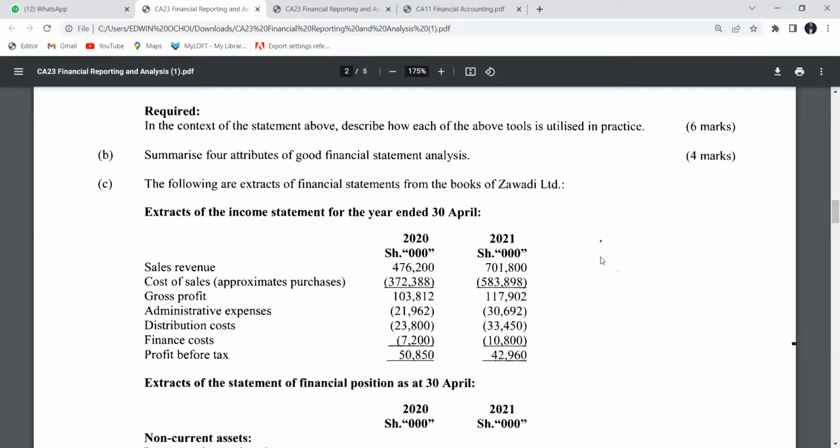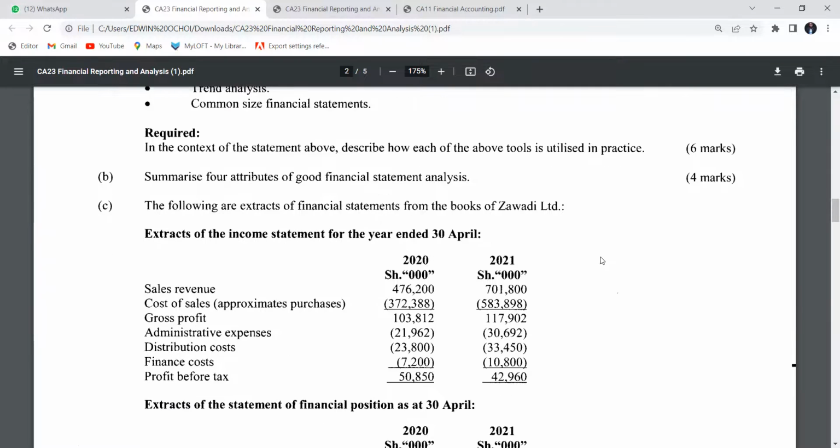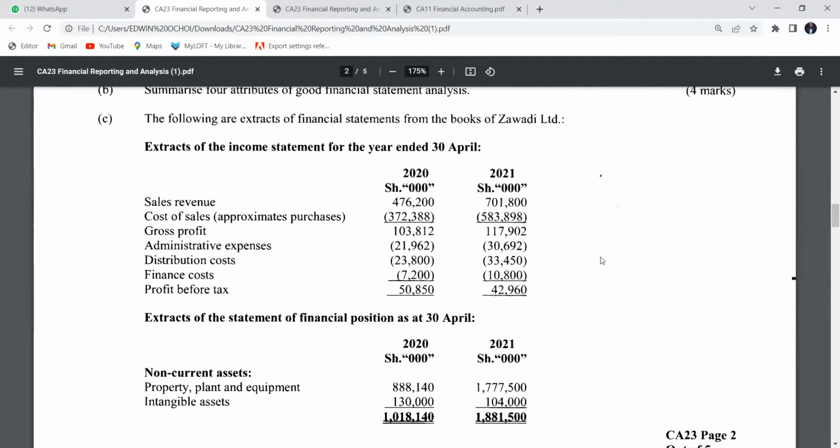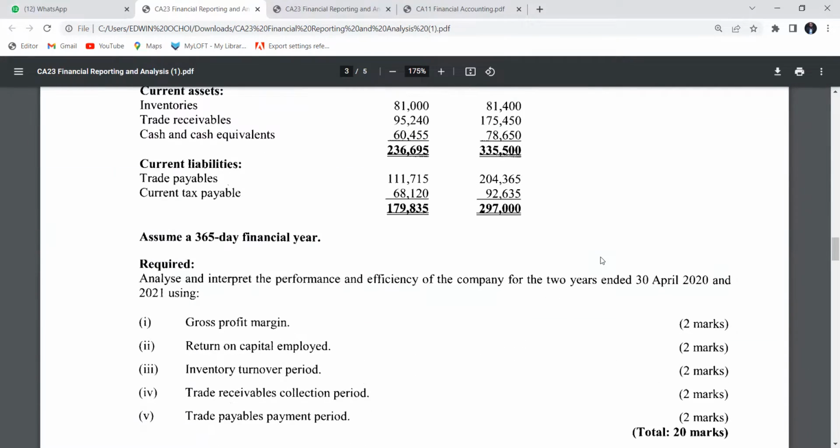Yes, please. So we are doing C. Which means that we have answered the first two, 6 plus 4, that is 10. So now you are ready to get another 10. The following are extracts of financial statements from the books of Sawad Remittance. We have the extract of the income statement for the year ended 30th April 2020 and 2021, then the extract of the statement of financial position.